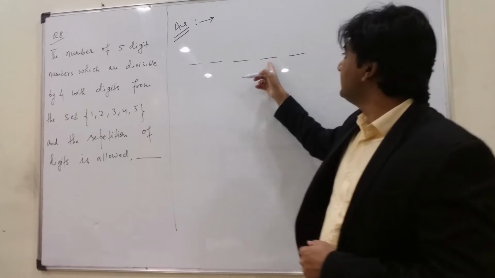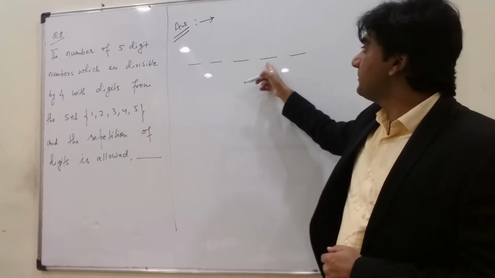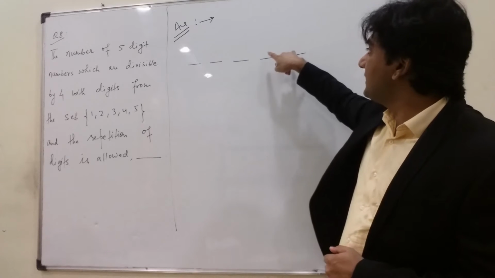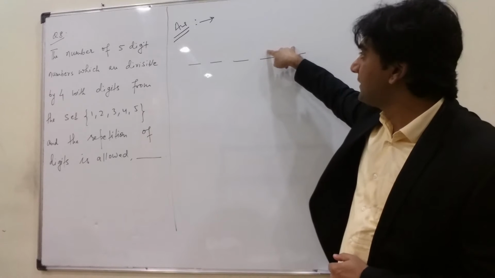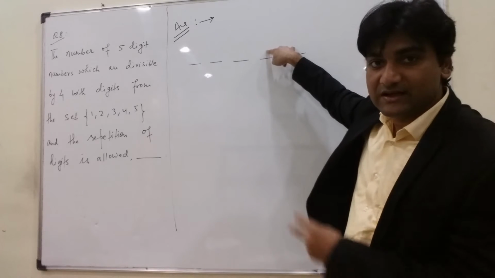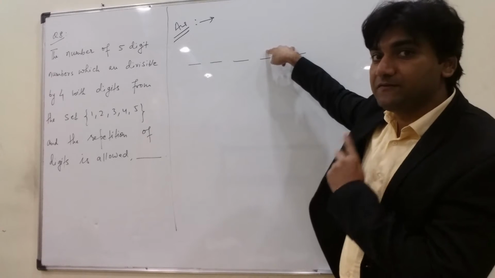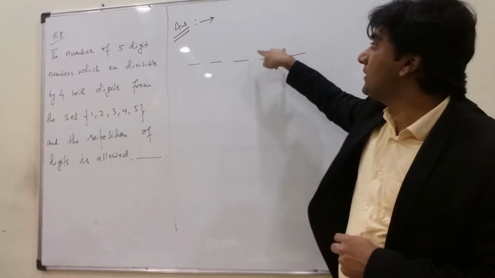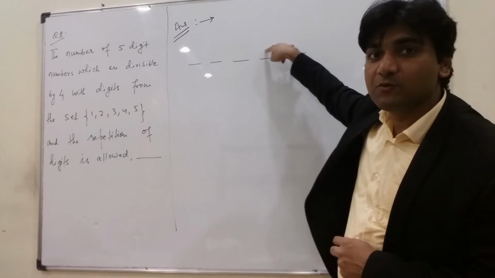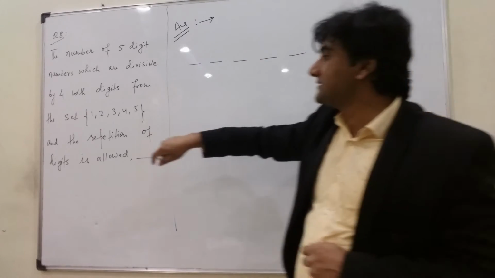So these two are the last 2 places. Whatever 2 digits we place here, these last 2 digits must be divisible by 4. So now we have to find what those 2 digits are. Okay, so let's get started.